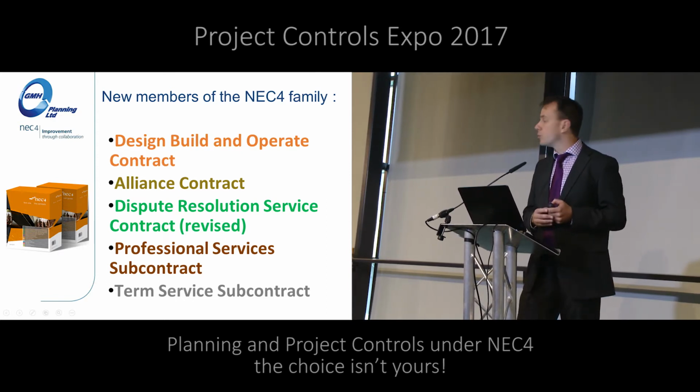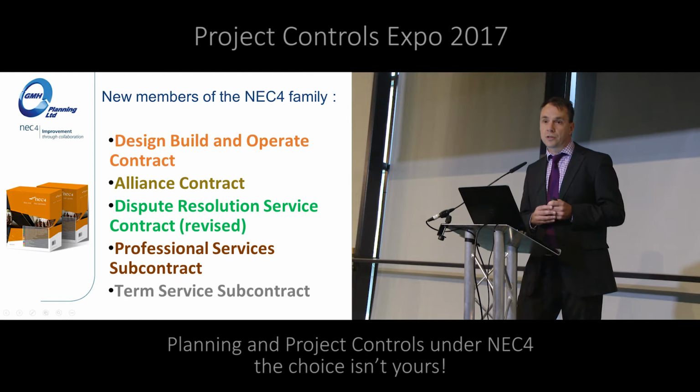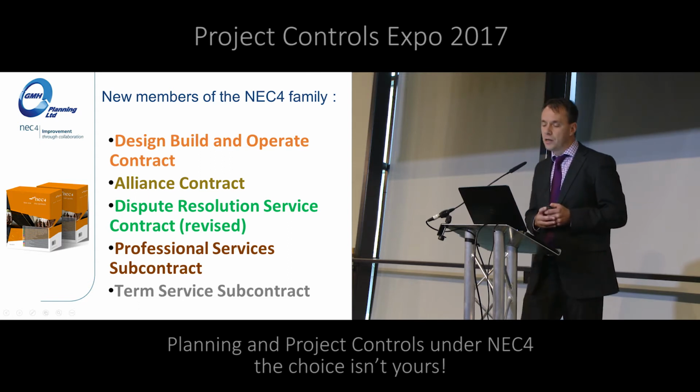One is a design, build and operate contract, which is focusing on the operational side, and another one is the alliance contract, which is a sort of multi-party agreement where everyone's in it together, everyone lives and breathes by the same sword, so to speak. So a pure alliance contract. It's a bit like taking X12, the partnership arrangement, but then making it a pure alliance. So there are two brand new contracts within the family.